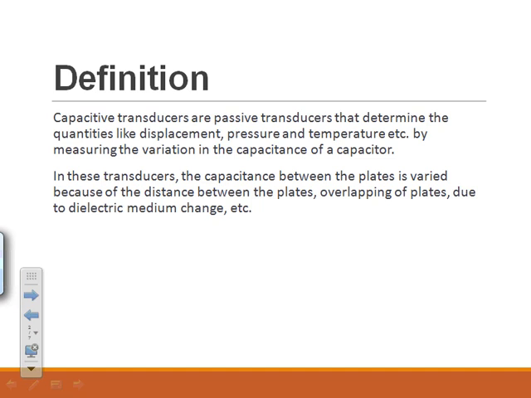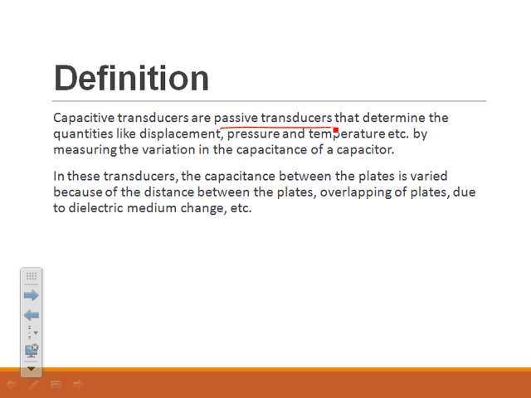So, the definition: a capacitive transducer is a passive transducer that determines quantities like displacement, pressure and temperature, etc., by measuring the variations in the capacitance of a capacitor.